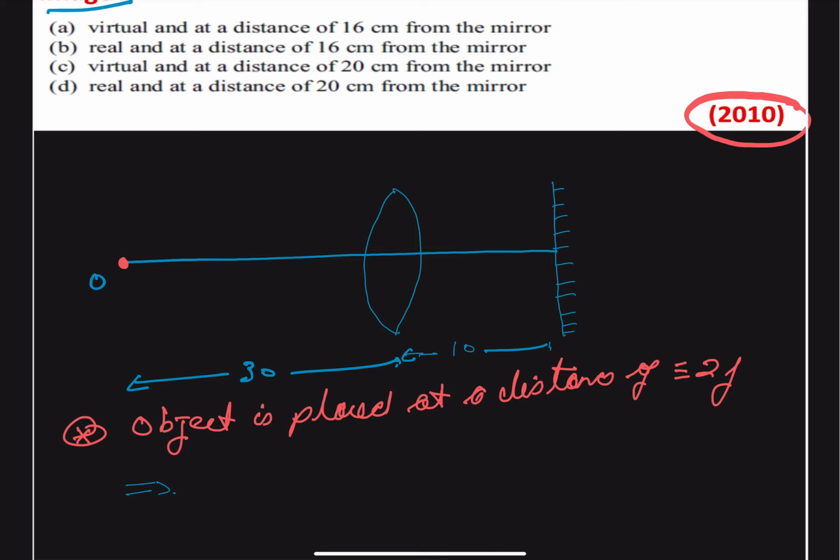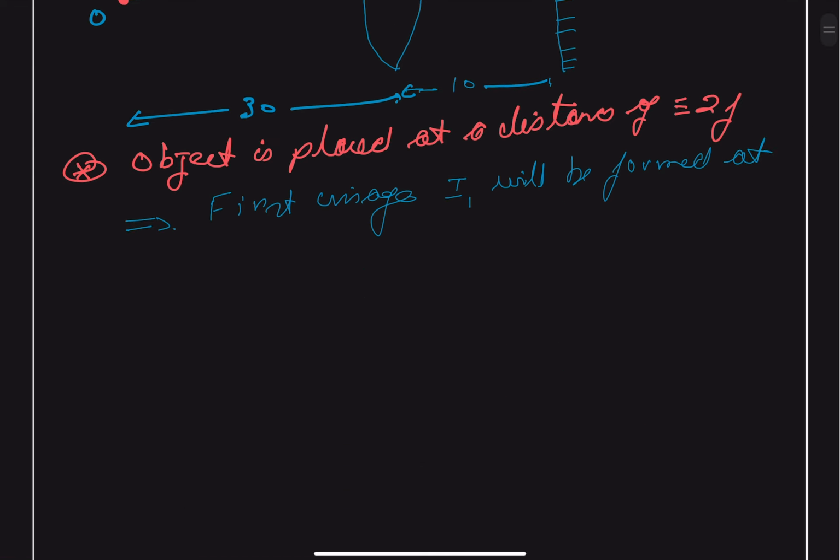So the first image, let us suppose that we call it I1, will be formed at a distance of 2f on the other side.